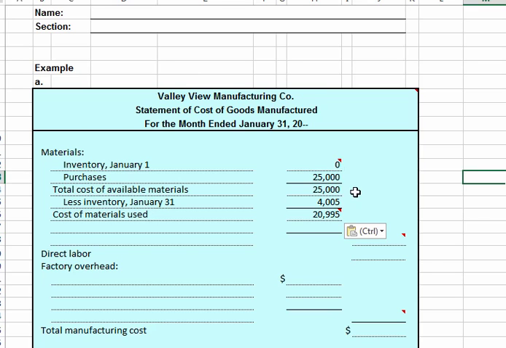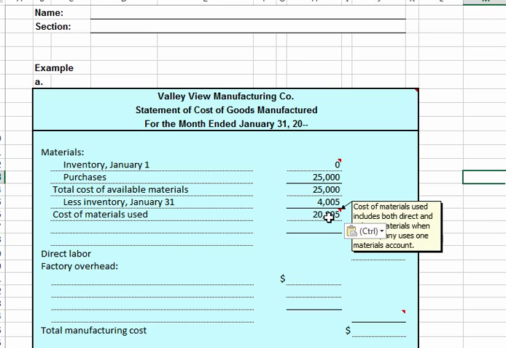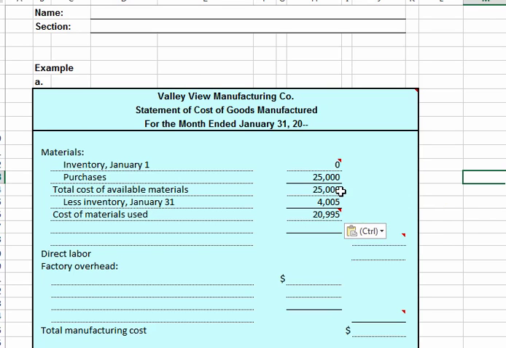Purchases, this one was the sum of the first two. Now I made up the ending inventory number, or got it from an example in the book. But then to get cost of materials used, you just take your total cost of available materials, subtract the inventory of materials at the end of the period, and that gets you the cost of materials used.